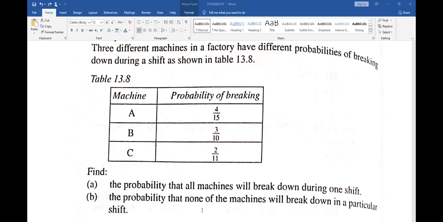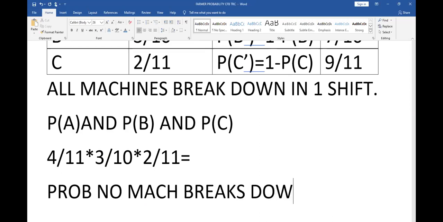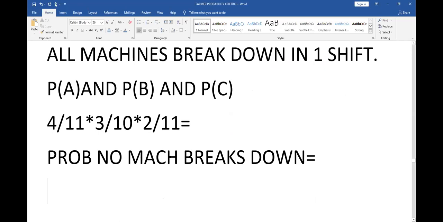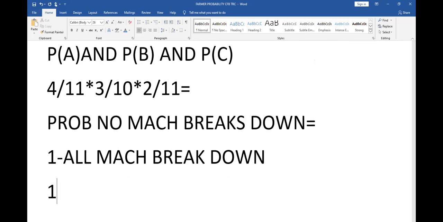The probability that no machine breaks down can be solved by 1 minus all machines break down.